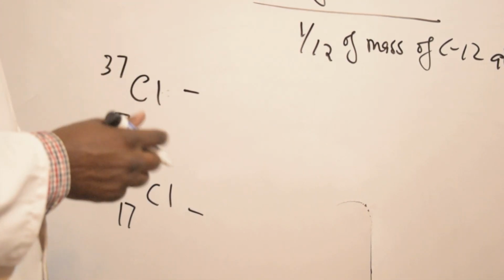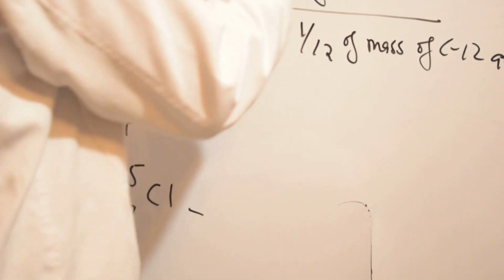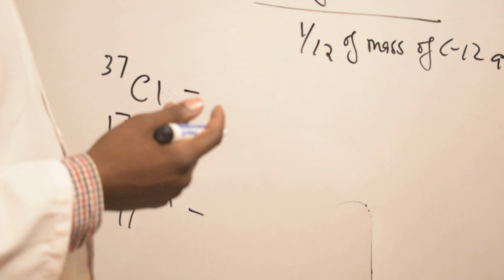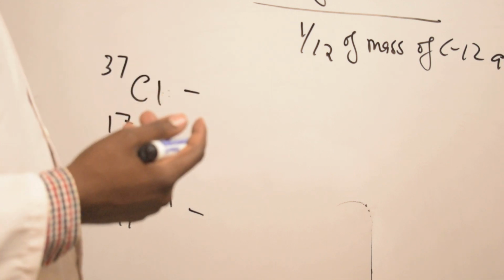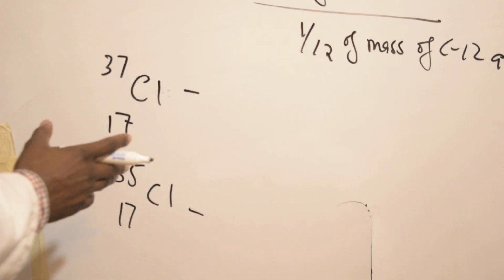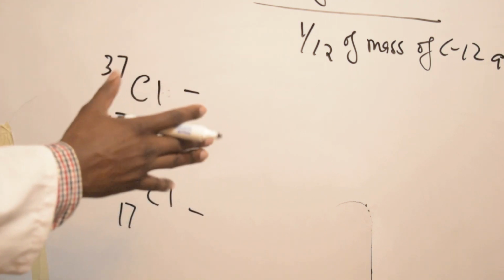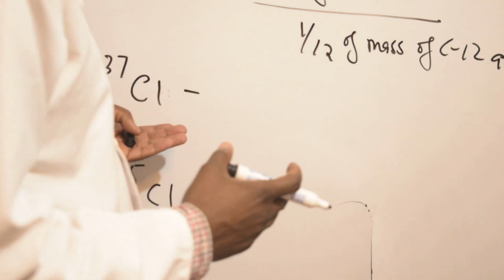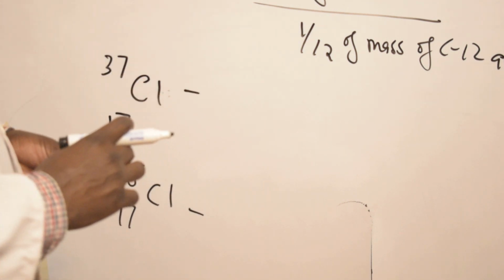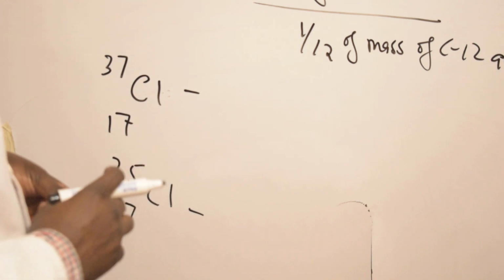To do that, we use the relative abundances, or the percentage abundances, of these isotopes. Think about this in a given sample of chlorine. By the way, there is an instrument we can use to measure the relative abundances of elements. We call it a spectrometer.